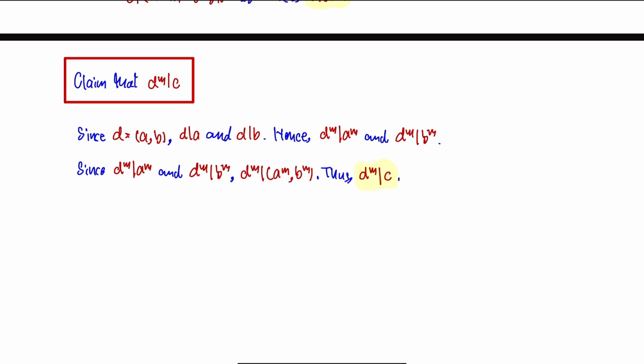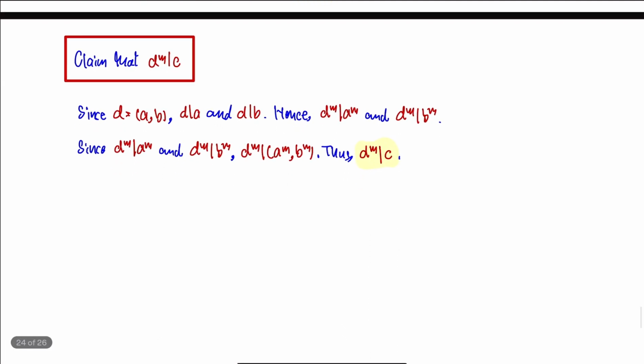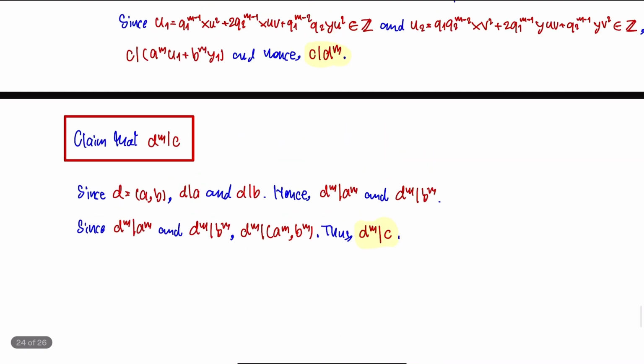Now what next? Since we have this one right here and this one right here, since c divides d to the m and d to the m divides c, we're going to have c equals d to the power of m.